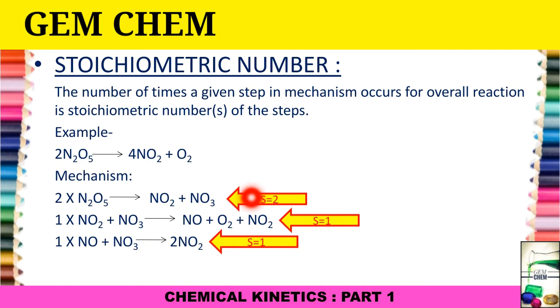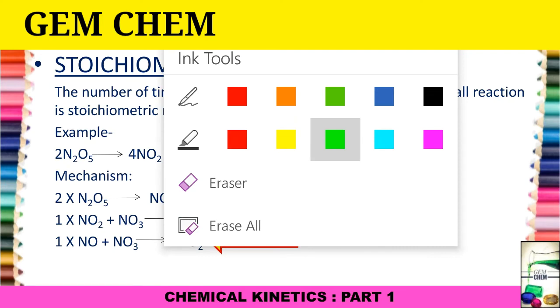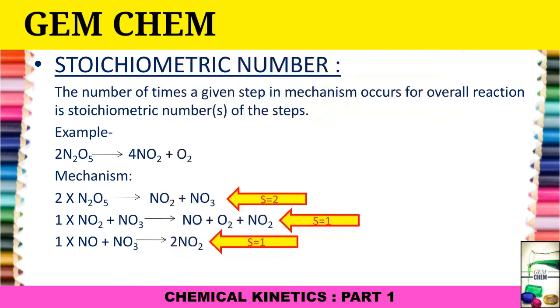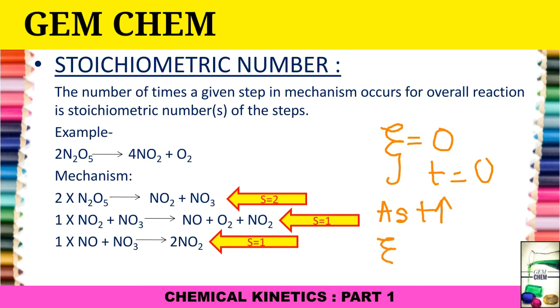Now remember, as we have seen, the extent of reaction is always 0 when time is 0. Whenever time is increasing, this extent of reaction will also increase, and this is directly proportional. So this is an important point to be remembered, right?